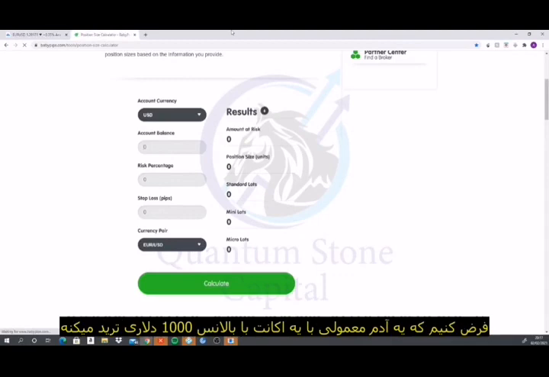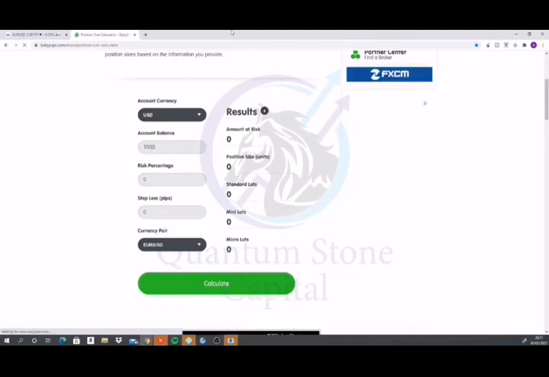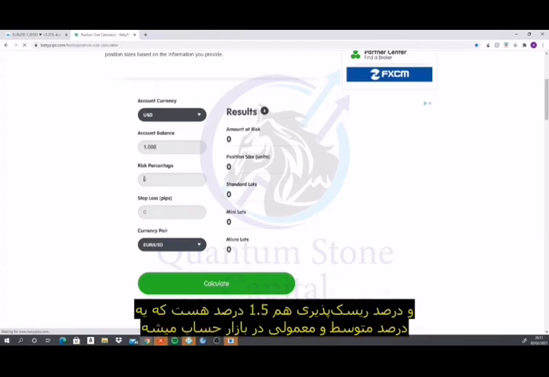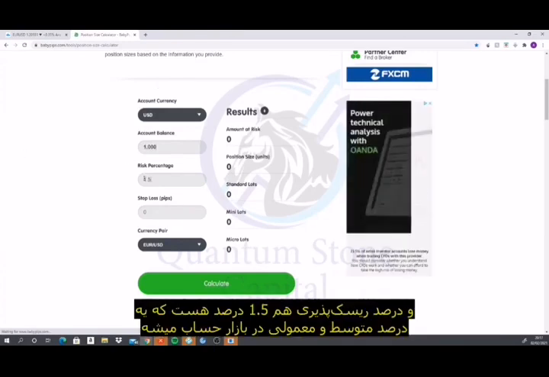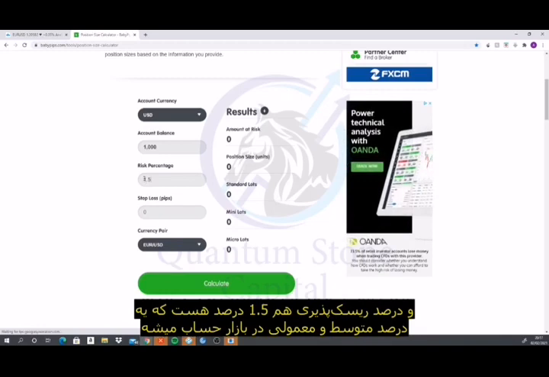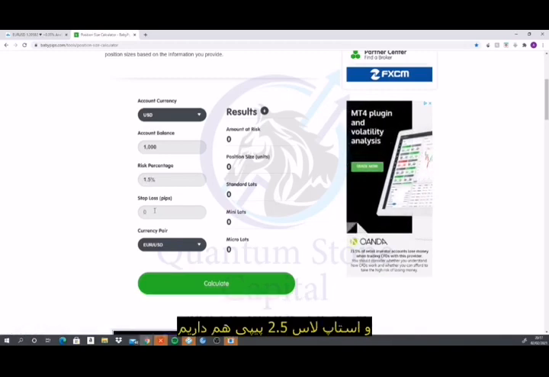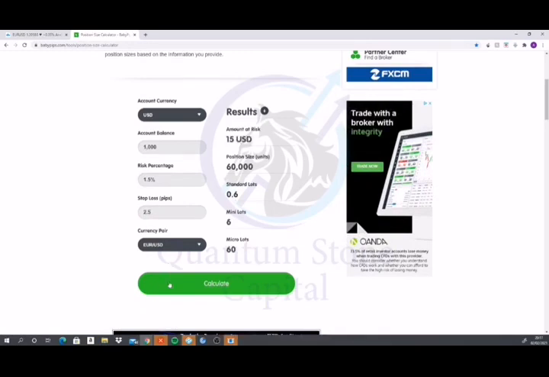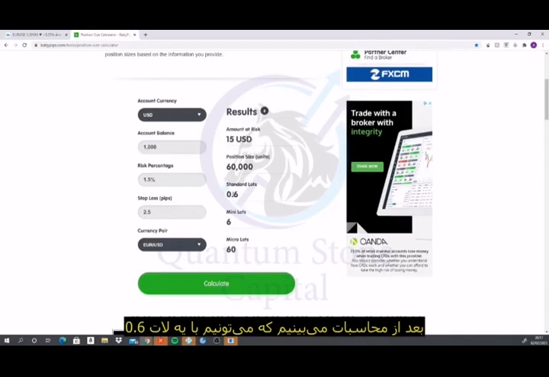So let's say average people trade with a $1,000 account, and your risk percentage is, let's say 1.5%, which is an average risk to be taken in the markets, and your stop loss is 2.5 pips. So again, we can trade with a 0.60 lot.